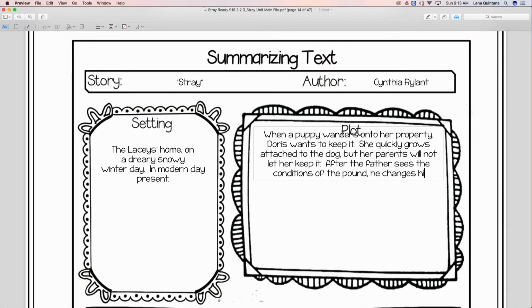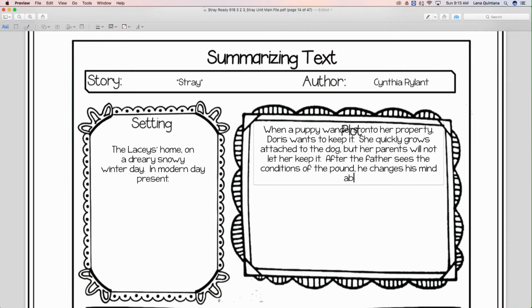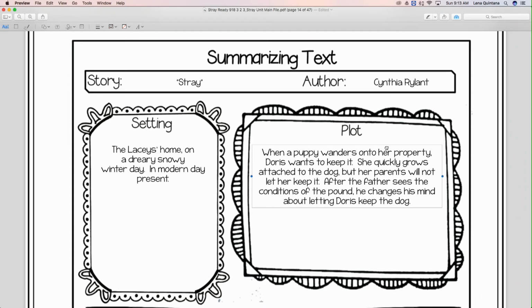He changes his mind about letting her keep the dog. And I'm going to say, instead of using the pronoun her, I'm going to actually use Doris. About letting Doris keep the dog.